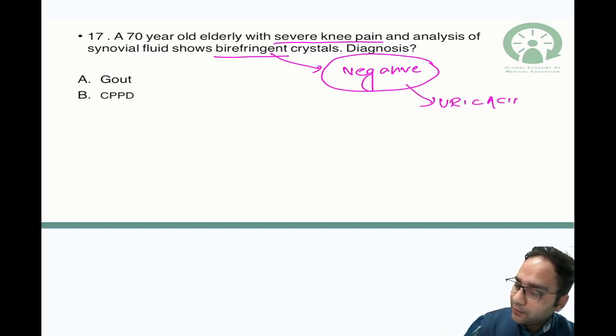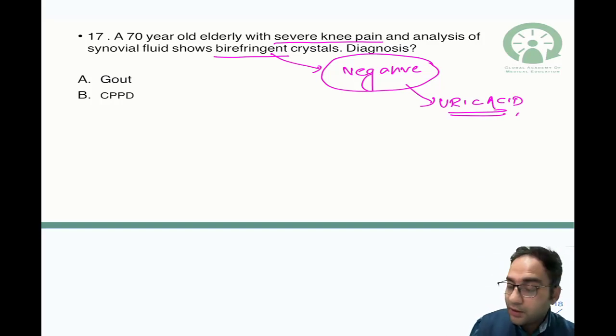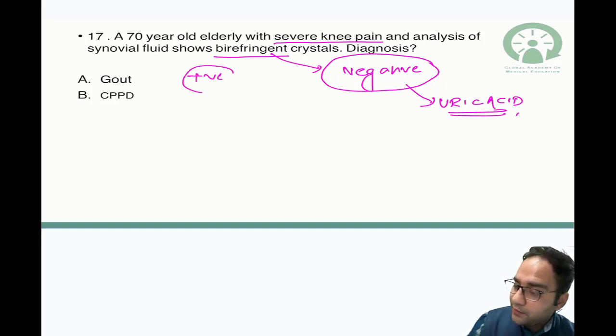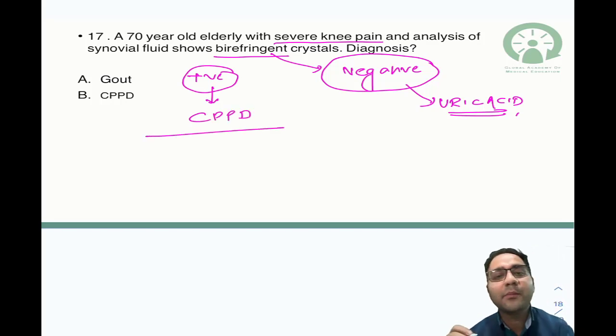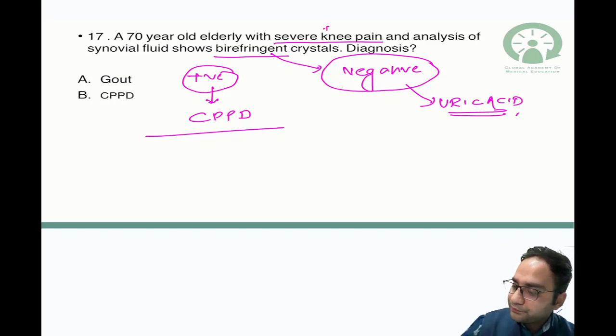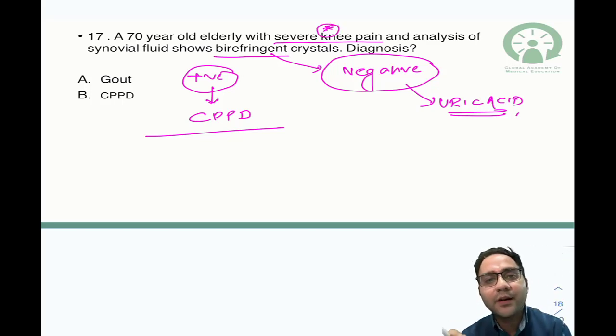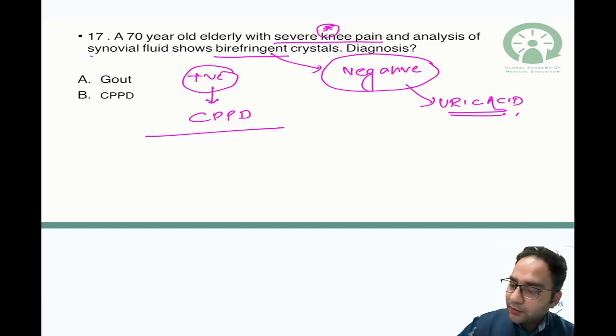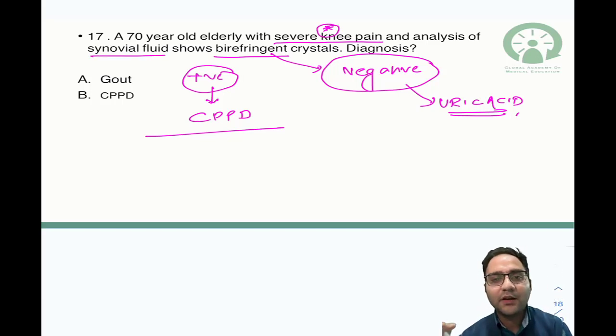Then it is a case of gout. But if you have positive birefringent crystals, then your answer would be pseudo-gout, that is calcium pyrophosphate deposition disease, right? Although the most common joint involved in pseudo-gout is the knee, if they are giving what type of birefringent crystals you are seeing in your option, then your answer would change accordingly.